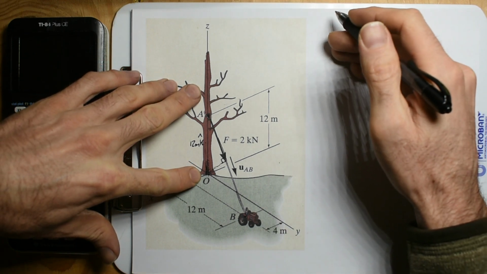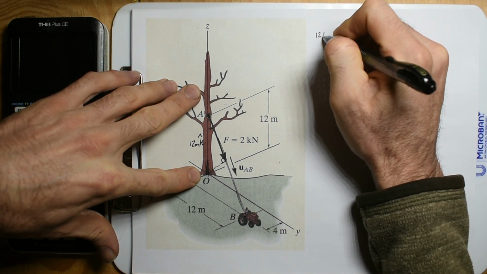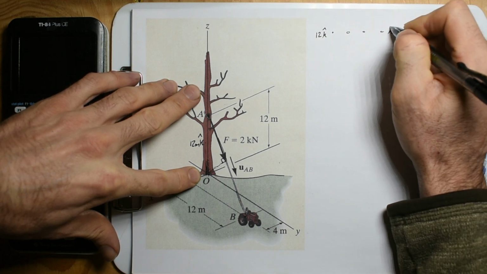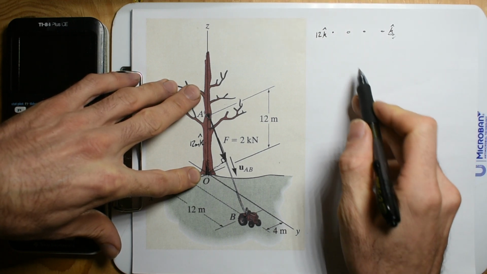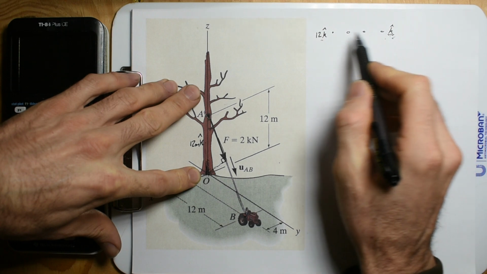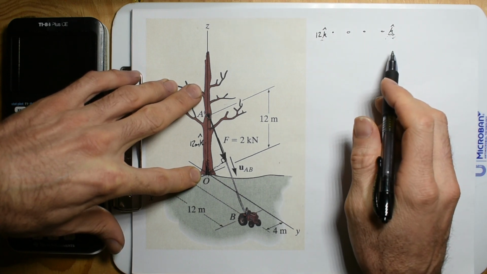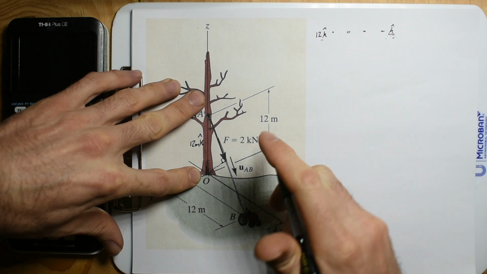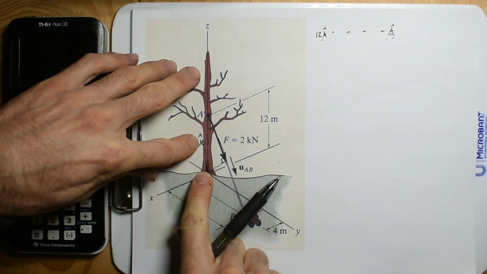So when we do our dot product, we'll have 12 k hat dotted with whatever the other vector is, but only the k component of that will be needed. There's two ways to do it. I might do the other way at the end, where you consider this a unit vector.